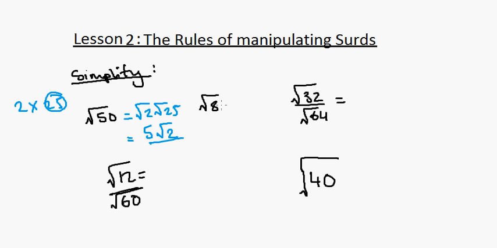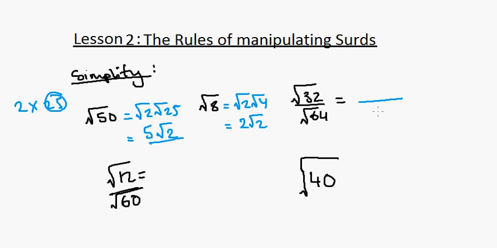We have the factors of 8, which are 2 times 4. 4 is a square number, so we'll have 2 and 4. So now we have 2 root 2. And if you keep on doing examples like this, you get used to knowing the factors and what they will give you straight away. So now we have the square root of 32 over the square root of 64.